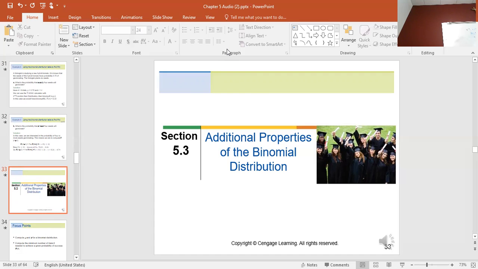The variance of X is NPQ, which is 6 times 1 over 3 times 2 over 3. Here, which is 12 over 9, 12 divided by 3 is 4. The standard deviation.